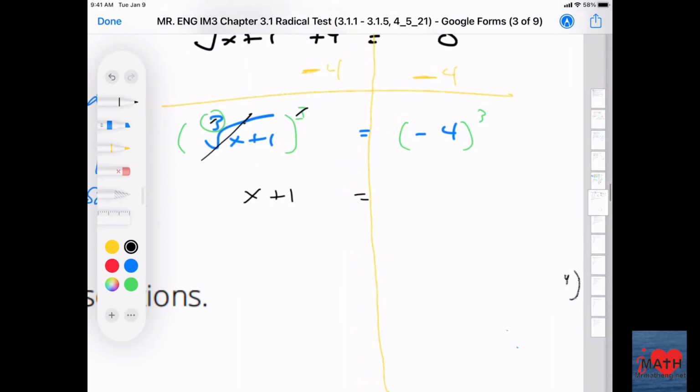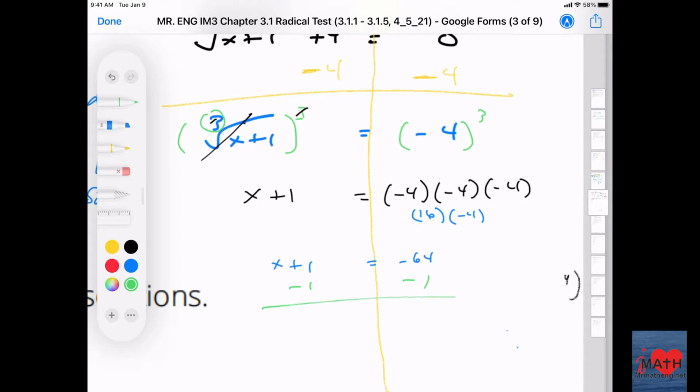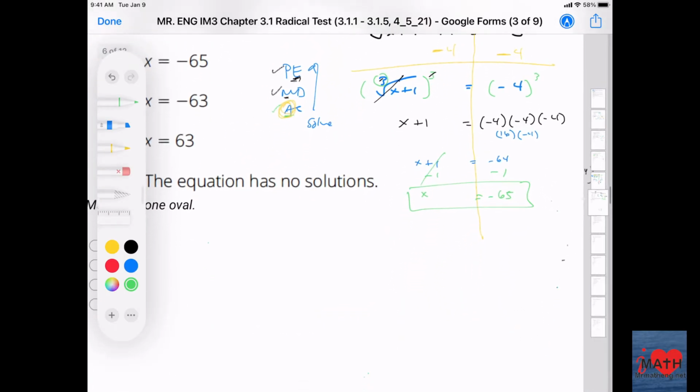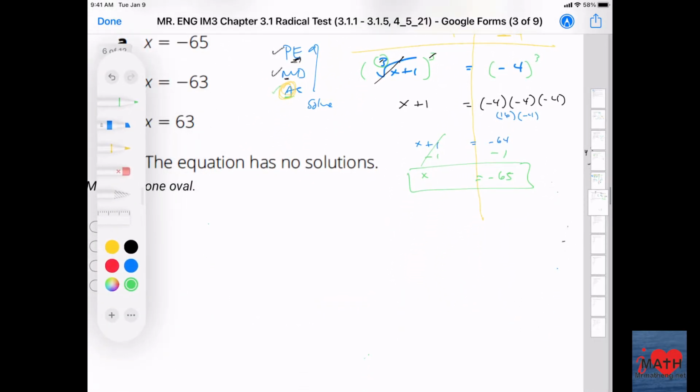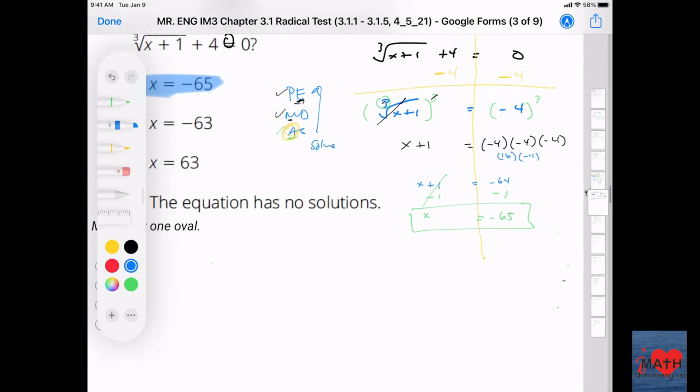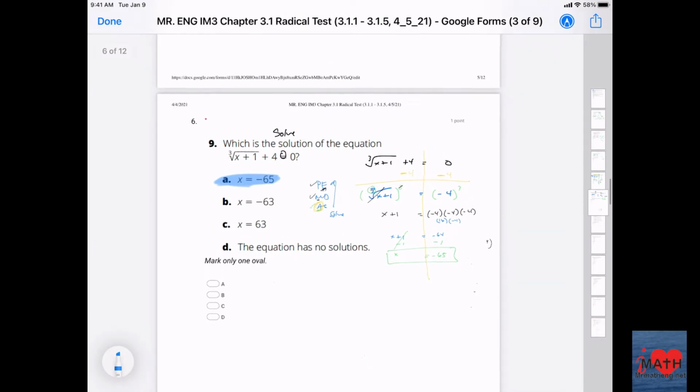Over here, this means negative 4 times negative 4 times negative 4. So that's positive 16 times negative 4, so that's going to be negative 64. And if you subtract 1, you will get x equals negative 65, which is choice what? That is choice A. Number 9, the answer is A.